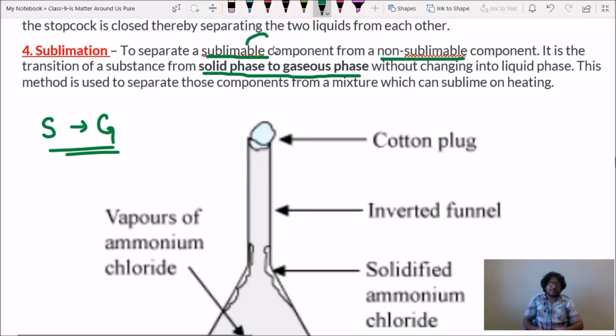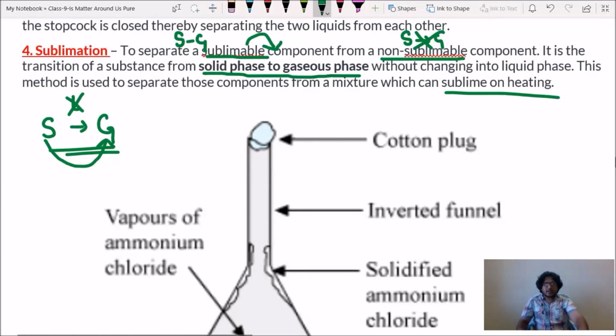A sublimable component is one which can be converted from solid to gas, and a non-sublimable component cannot convert from solid to gas without changing into the liquid phase. In between solid and gas there would be liquid, but here the solid is directly converted into gas without converting into the liquid state. This method is used to separate those components from a mixture which can sublime on heating.